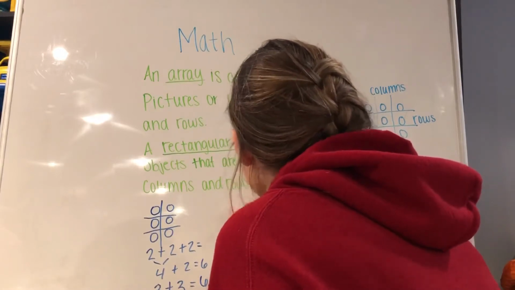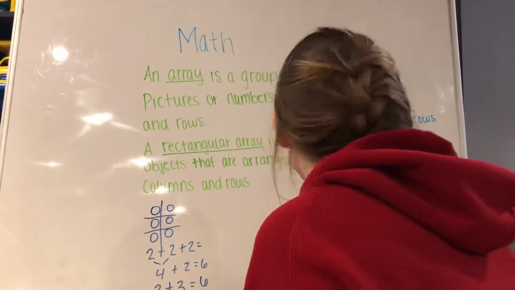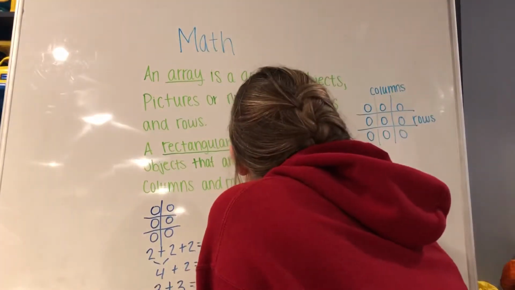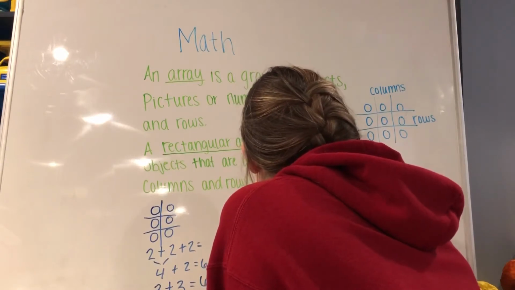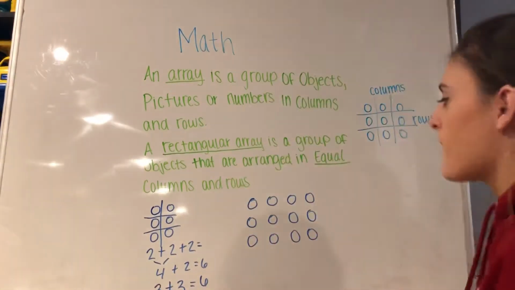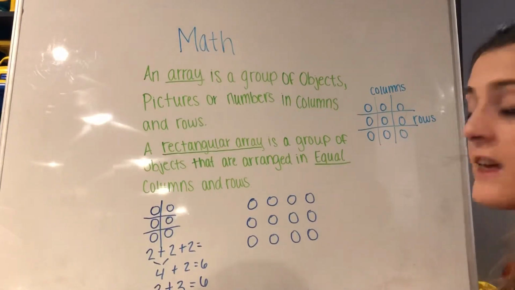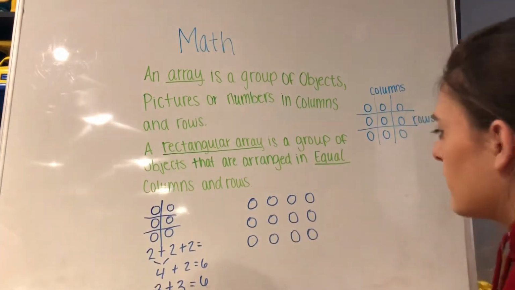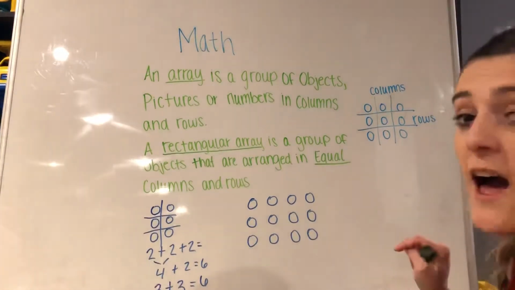And we have to remember that in an array, we have equal amounts in each row. So when we create our rectangle, we have to remember that they always have equal amounts in them. So for this one, we're going to write a math sentence for it, and we'll start with the columns.